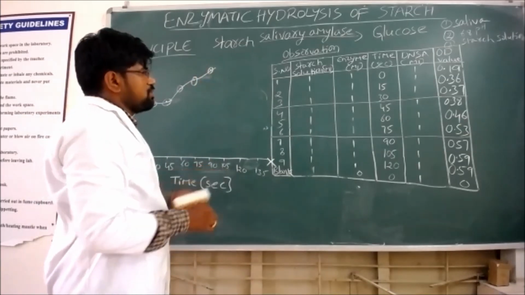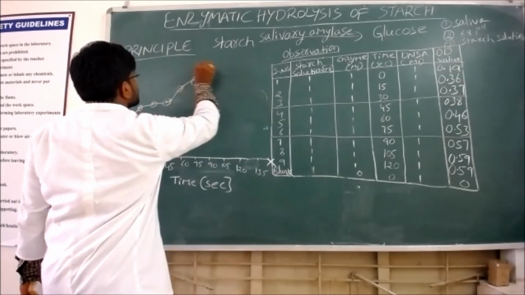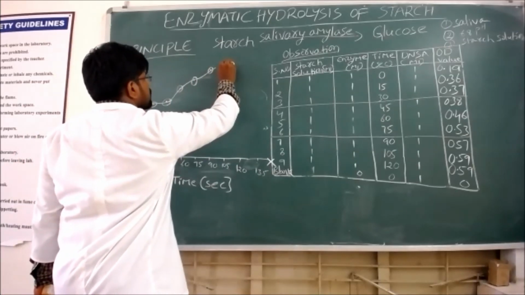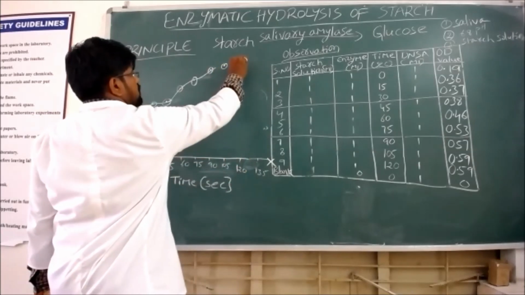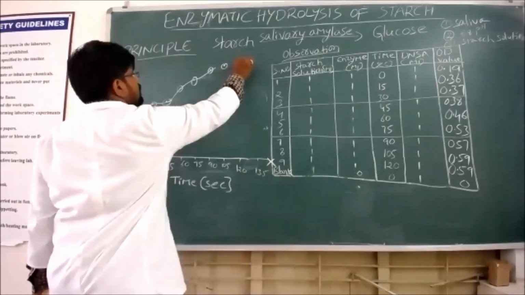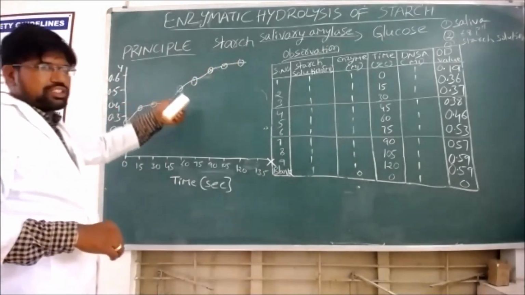At 105, it is 0.59. At 120 also it is 0.59. In that way you touch all the points and draw a curve.